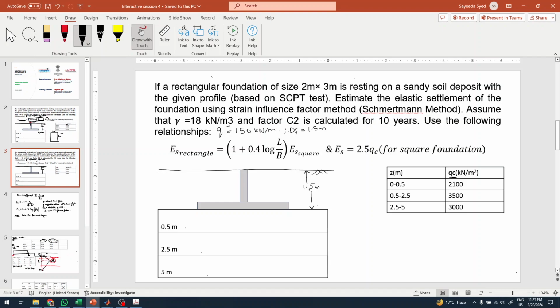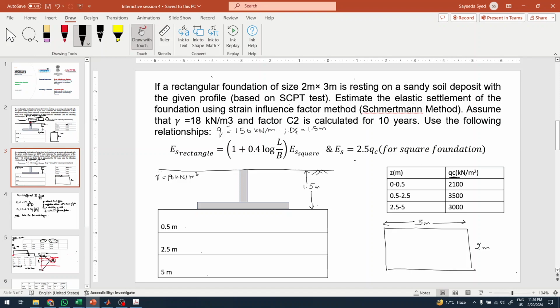Okay, so let's draw the plan of the foundation. The foundation is 2 meter by 3 meter. And what we are given is that gamma equals 18 kilonewton per meter cube, and this is the QC profile that has been provided.